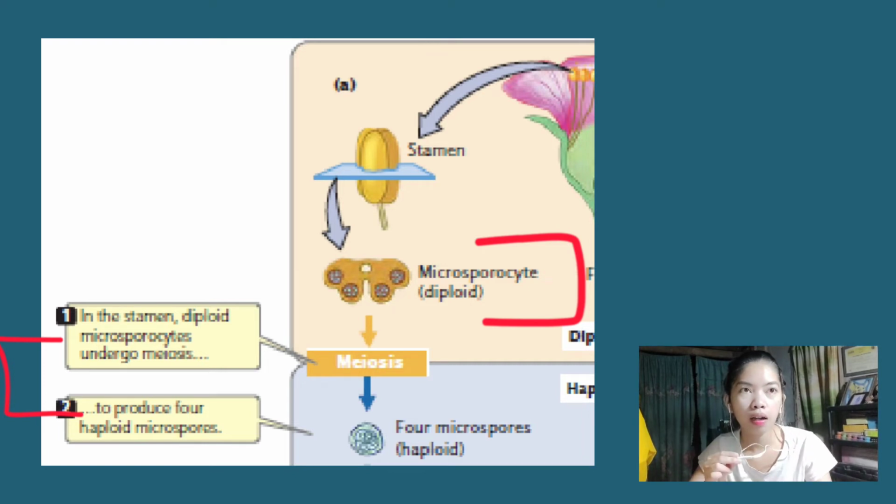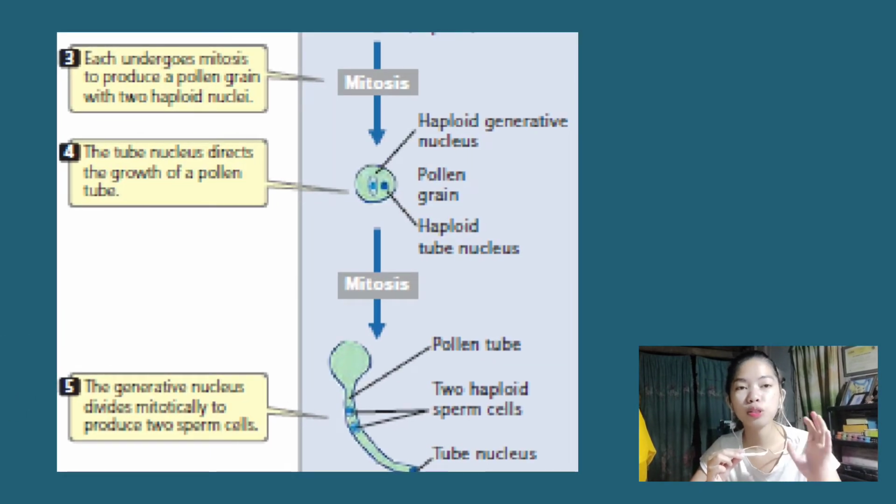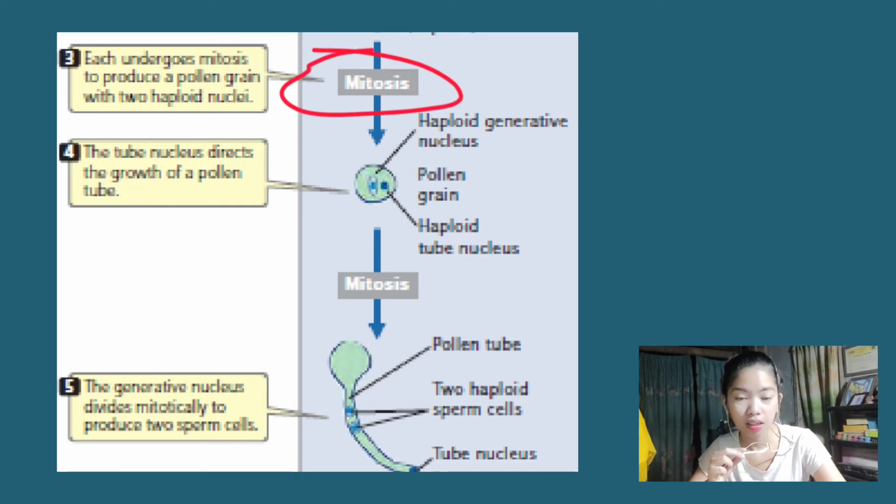Now, if we recall the alternation of generation, spores will become the gametophyte generation. So these microspores will grow through mitosis to form pollen grains. As indicated, each undergoes mitosis to produce a pollen grain with two haploid nuclei. Remember that the pollen grain is the male gametophyte of a plant.